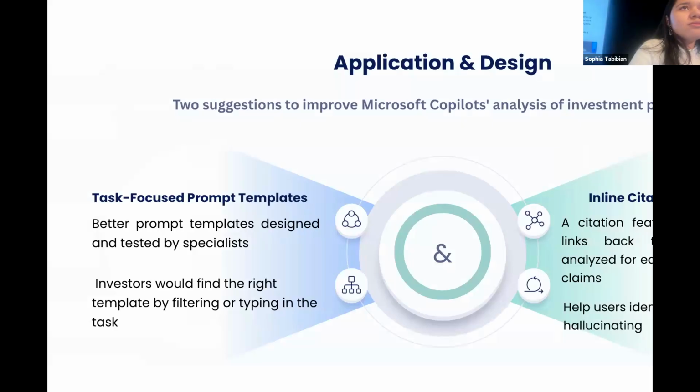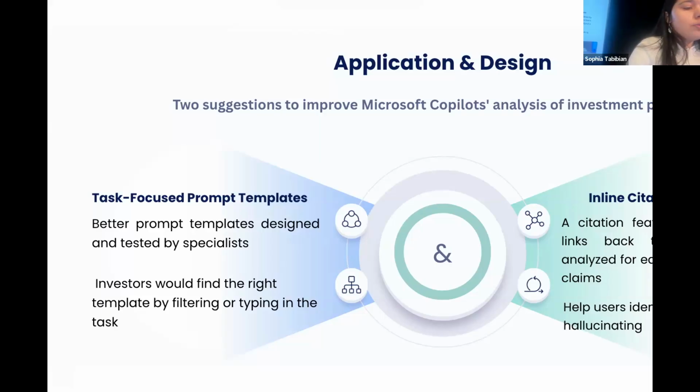To minimize the two issues that I found, tone framing and hallucinations, I suggested task-focused prompt templates, which Copilot could include, designed by financial analysts and compliance professionals, and developed through a collaboration between Microsoft and these types of firms.